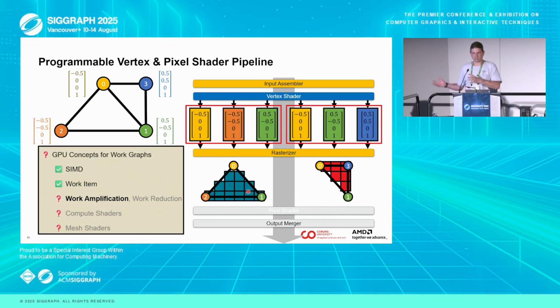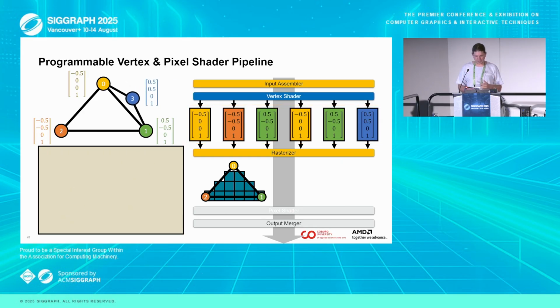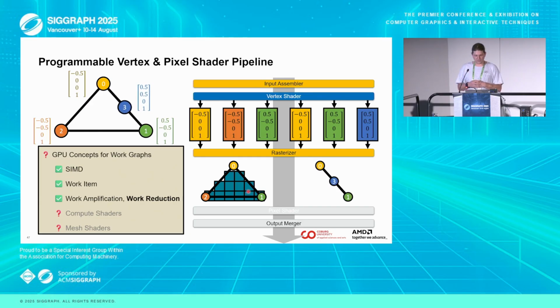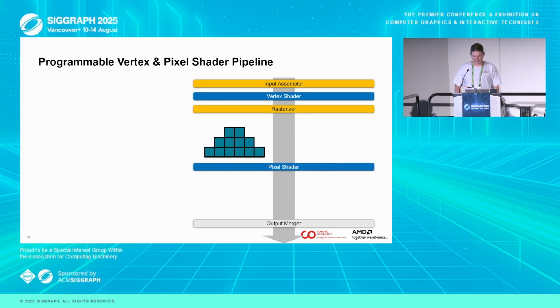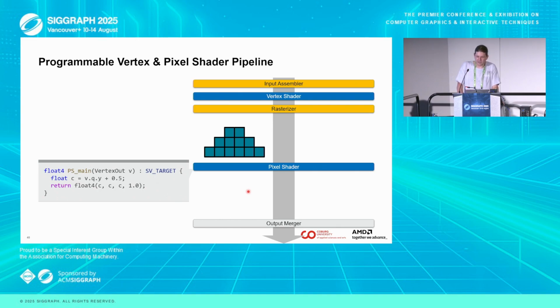We can amplify work. It's already there in the hardware, not yet in software, but we already got it on the GPU. And we have got another concept which is called work reduction. So if the triangle happens not to produce any fragments, we essentially reduce the amount of work the GPU has to do. And then for completeness, we can repeat the concept here in our little wrap-up on graphics programming, on how pixel shaders work.